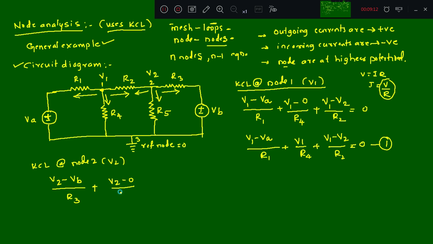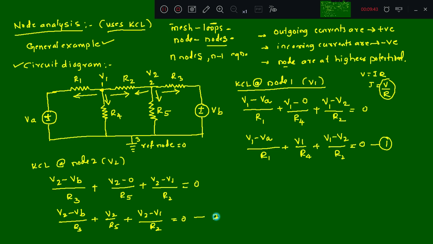So V2 minus 0 by R5, plus one more path, V2 minus V1, whole divided by R2, which is equal to 0. No incoming current. So we can rewrite this equation as (V2 minus VB) divided by R3, plus V2 by R5, plus (V2 minus V1) by R2, which is equal to 0. Call this equation number 2.